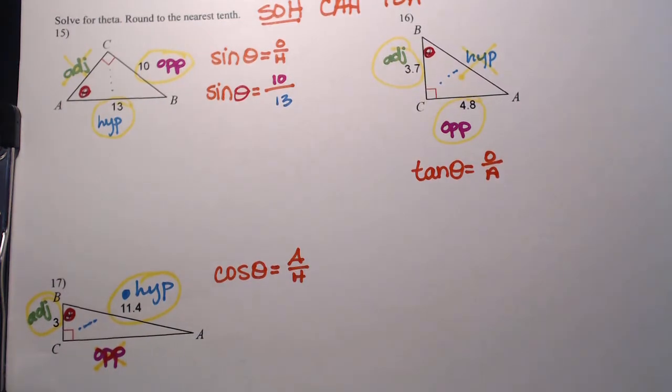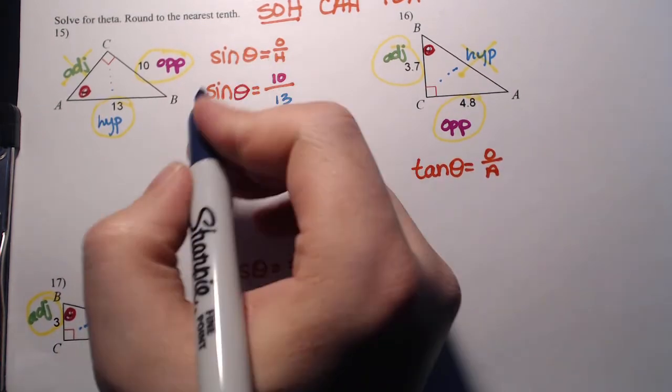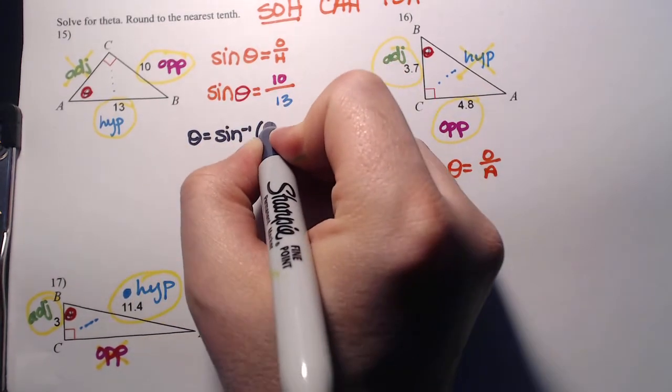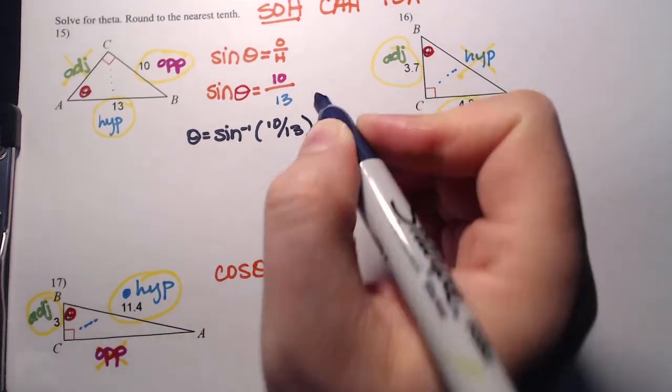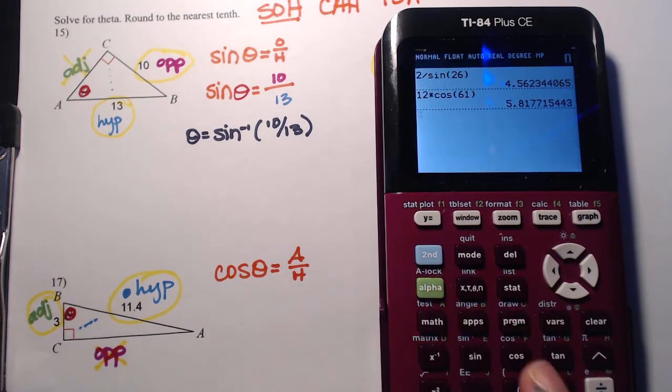Well, now this looks like what we were doing on the last video, typing it into the calculator. This is just saying take sine inverse. So on the calculator, we're going to take second sine of 10 divided by 13.